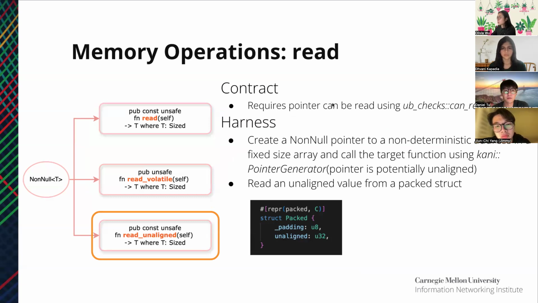For this one, the Kani API we use in the requires clause is can read unaligned. And for the harnesses here, because we are checking unaligned addresses, we used the pointer generator again, which actually covers cases where the pointer is potentially unaligned. And also here we added another example of reading an unaligned value from a packed struct, which is also shown in an example from the official Rust documentation.